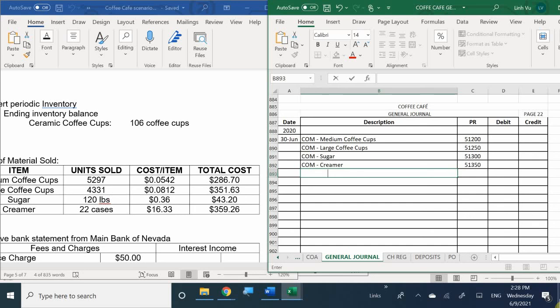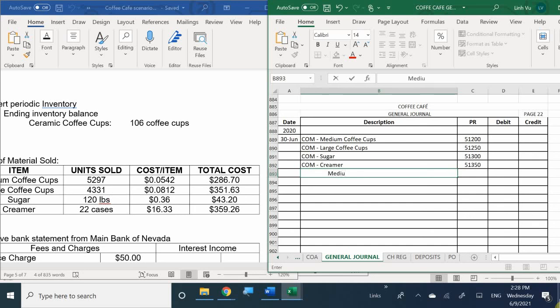So in this case, list them all out. Business supply, and it's 11,550. I said list them all out. Sorry, yes, the overall general one is business supplies, but in this case I want to be specific. I don't want to just take it out of that entire amount. On our notes, we have the medium cups, large cups, sugar, yes.